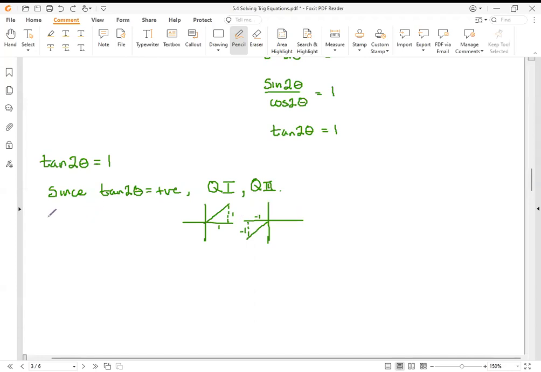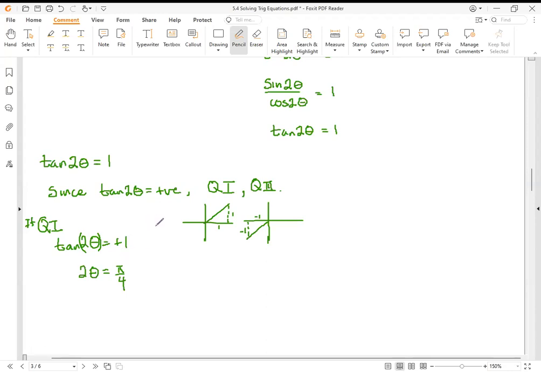If it's in quadrant 1, tangent of 2 theta would be positive 1, and 2 theta would be pi over 4. Whatever that angle is, it gave tangent equal 1.